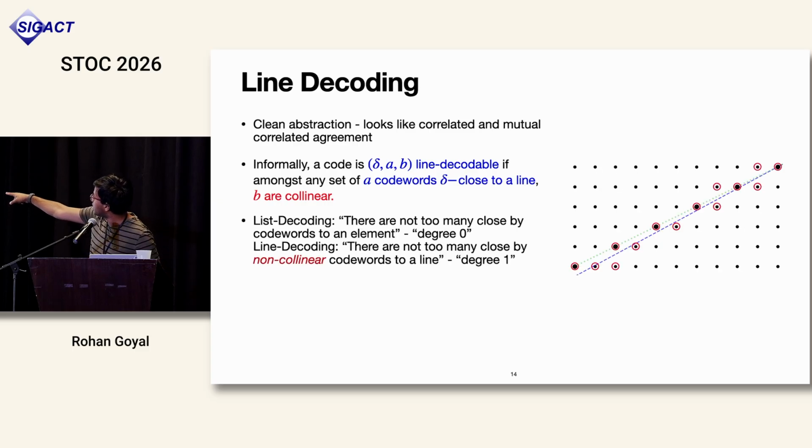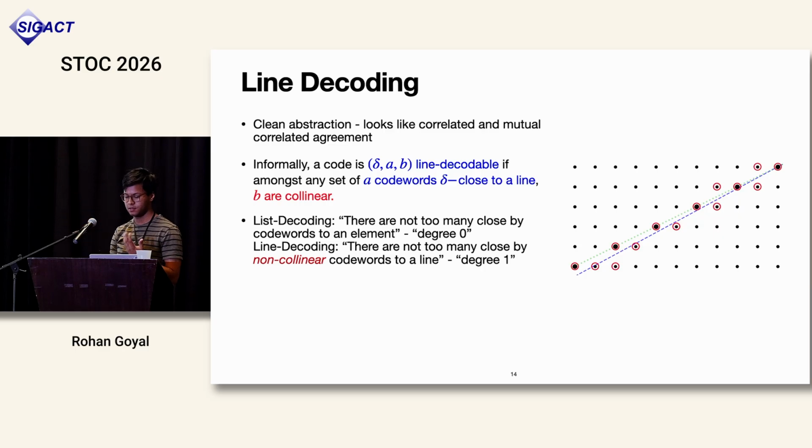There are these marked things which are close to this line. So these points are not code words, but these are noisy bigger points. They are not along this noisy line you can see, the blue line, and then I'm saying that there are many close by code words, and amongst them they also form a line.